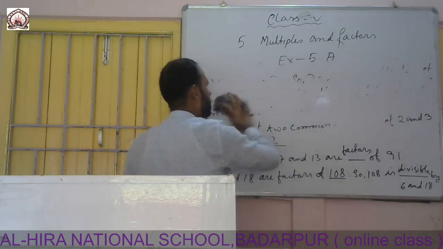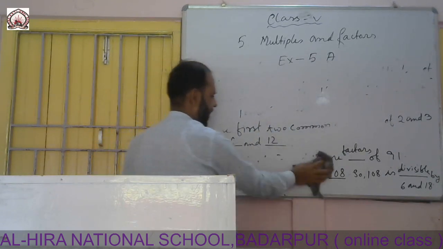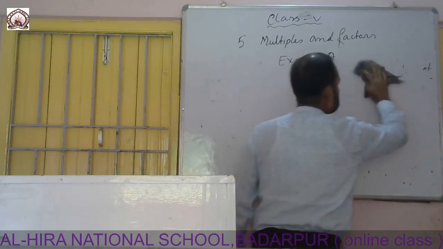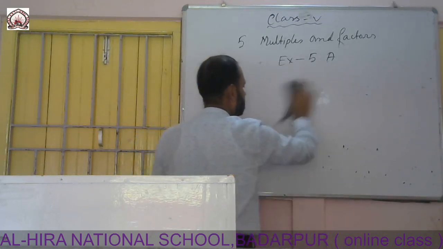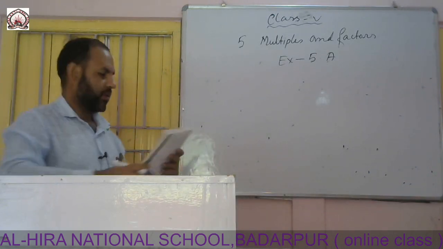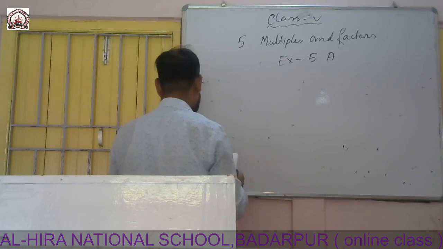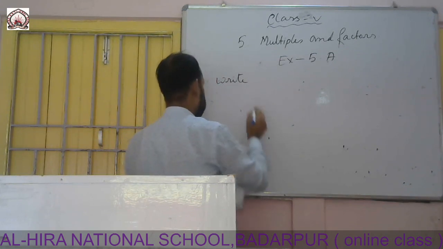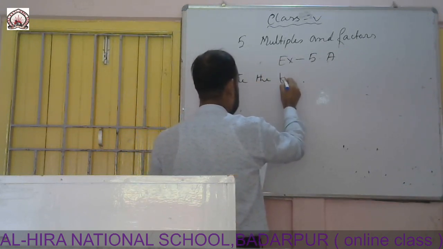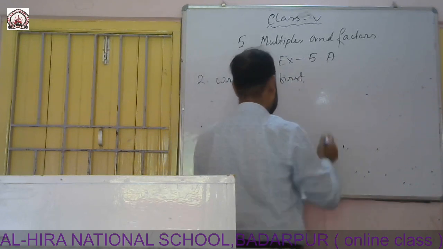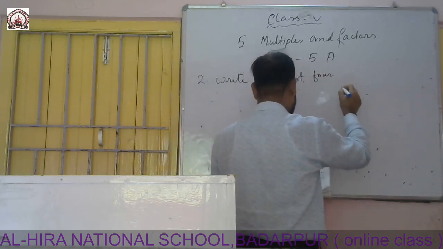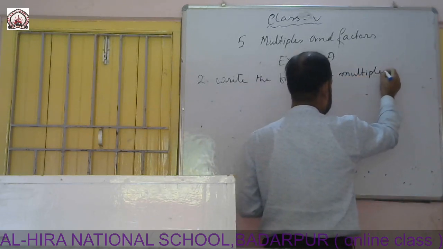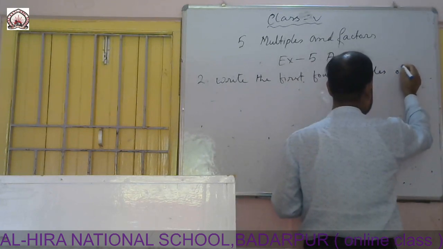Next, question number 2. Write the first 4 multiples of 7.